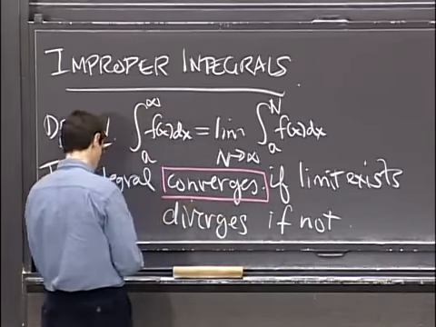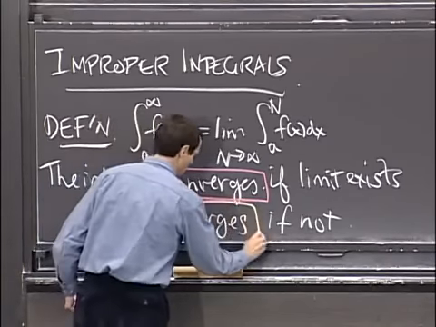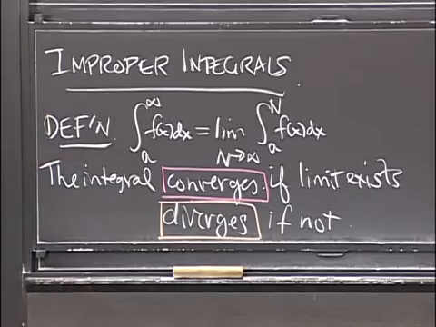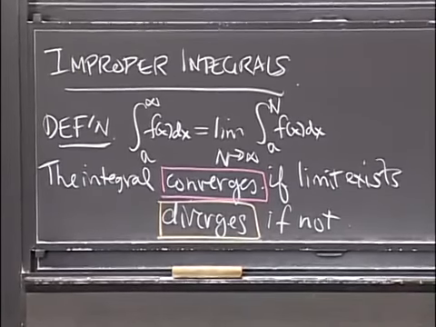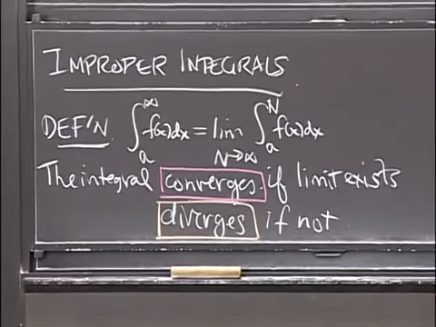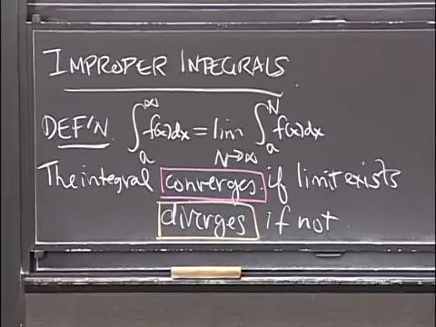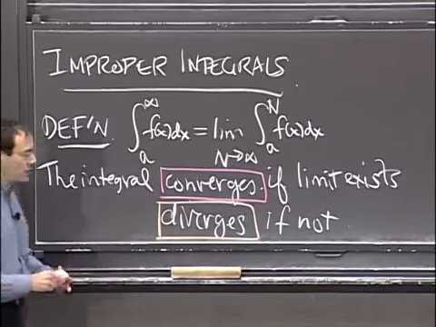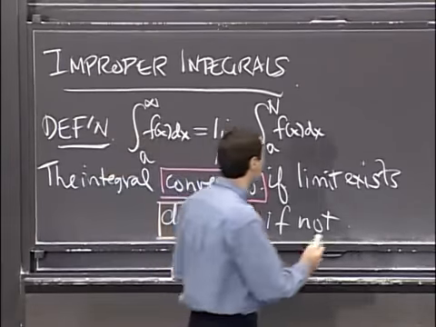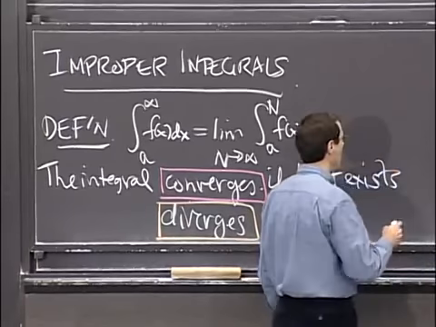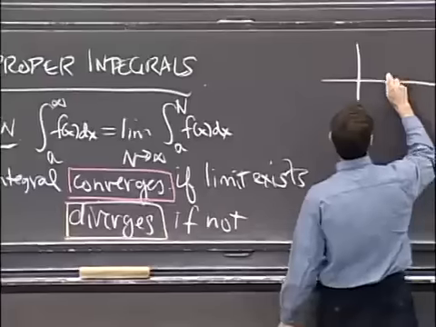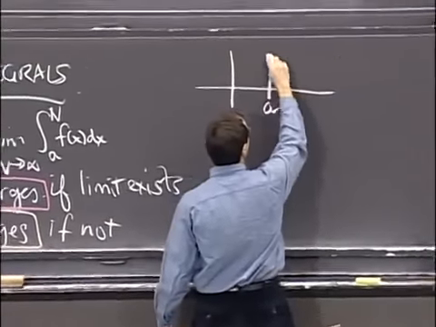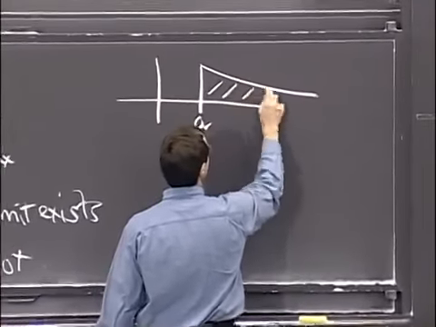So here's the issue that we're going to be addressing, which is whether the limit exists or not. In other words, whether the integral converges or diverges. These notions have a geometric analog, which you should always be thinking of at the same time in the back of your head. I'll draw a picture of the function. Here it's starting out at a, and maybe it's going down like this.